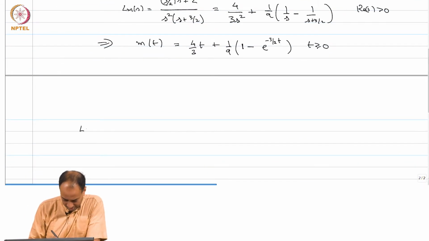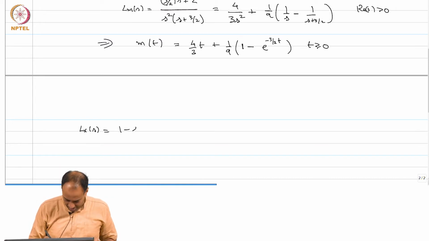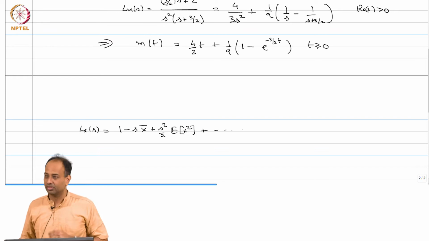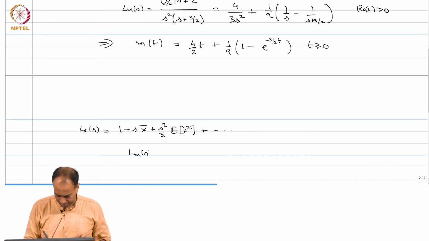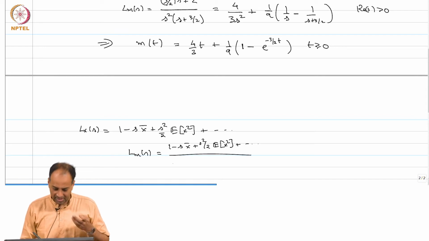So, Lx of s basically looks like 1 minus s x bar plus s square over 2 expectation of x square and so on, right. So, you put this into Lm of s, which will then be 1 minus s x bar plus s square upon 2 expectation of x square plus so on, over s times 1 minus Lx of s.